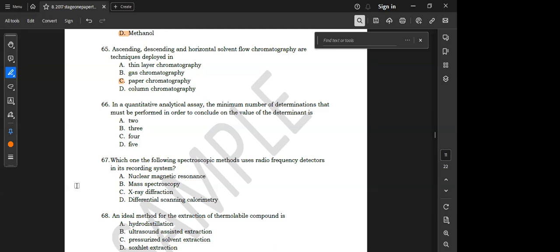Column chromatography, I don't know, it feels like the right answer to me. Go with column because column is the one we have said is the most common in ascending. You can stack that question.